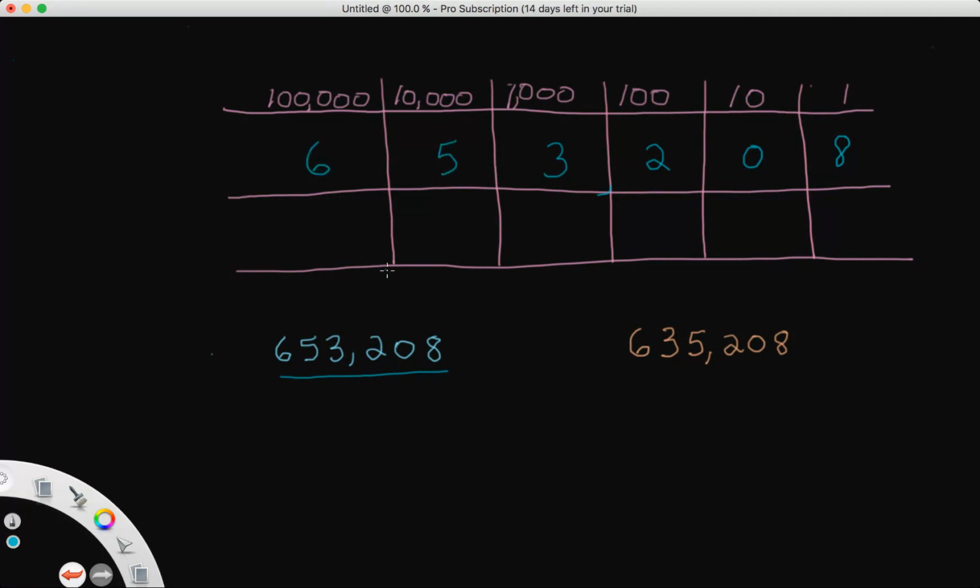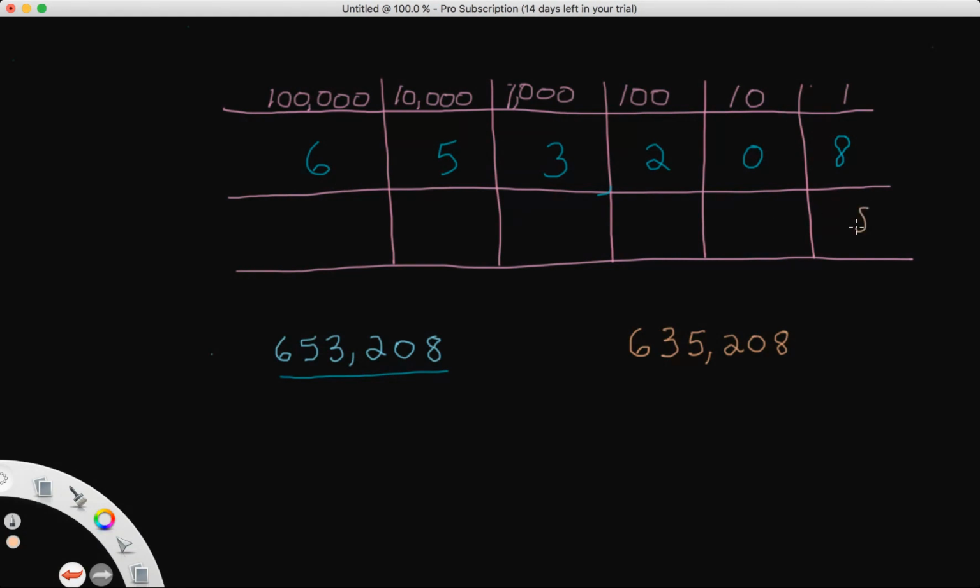So I've copied that number in, and I notice that there are 600,000s, 50,000s, 3,000s, 200s, 0 tens, and 8 ones. Go ahead now and copy that number in, and copy this next number into your place value chart.